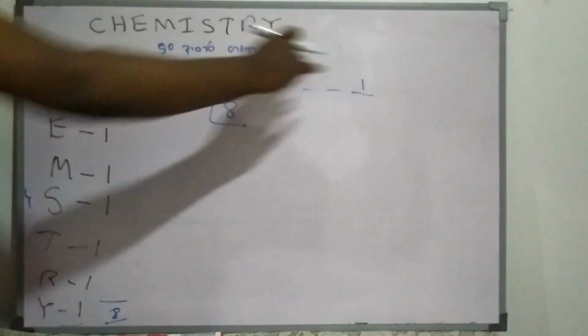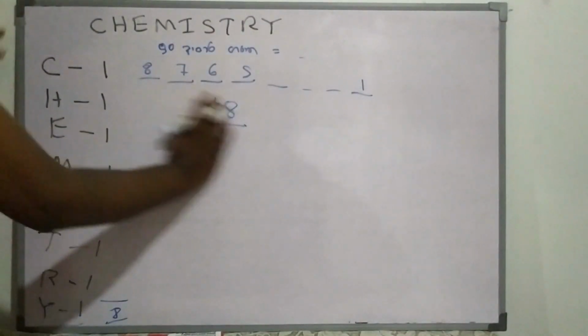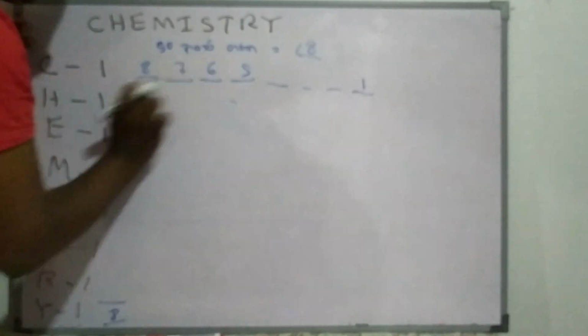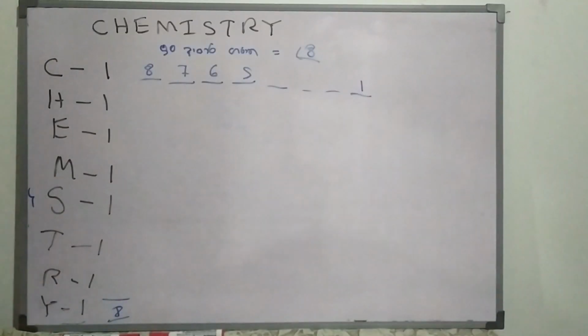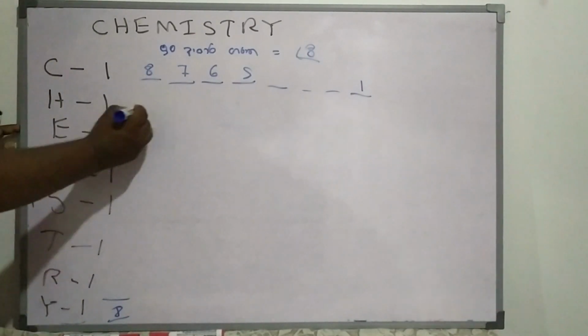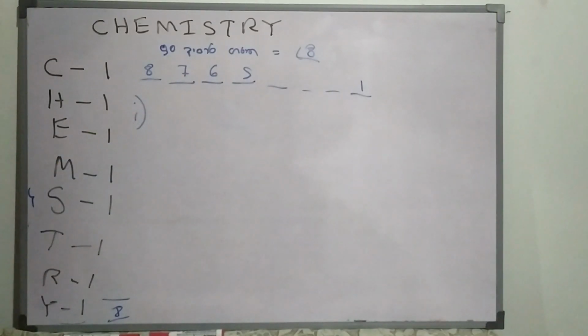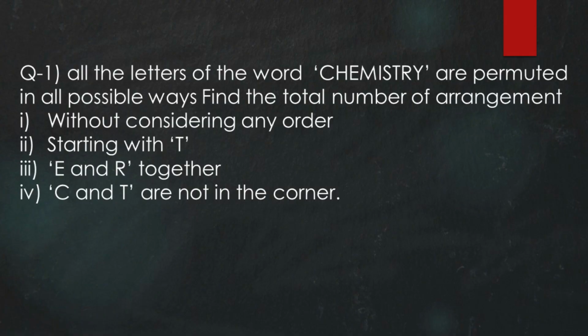In an exam, sometimes you can write it like that on a straight line, or else you can directly write factorial 8. So for the first row number, the answer is factorial 8.